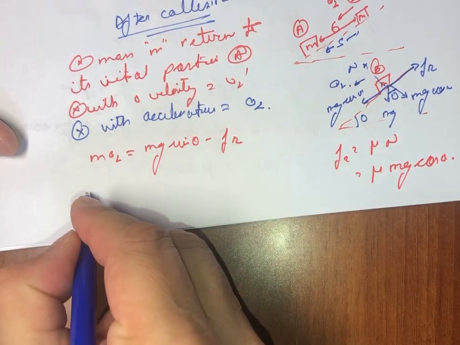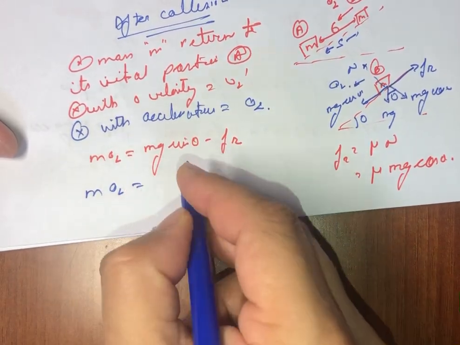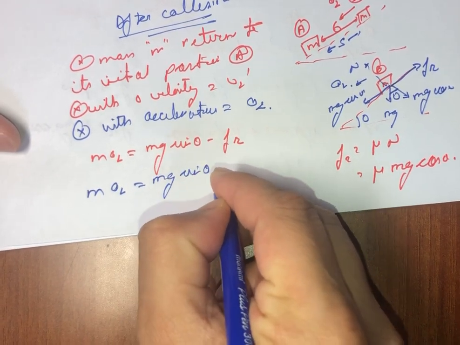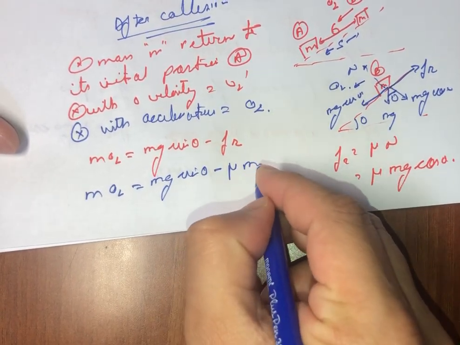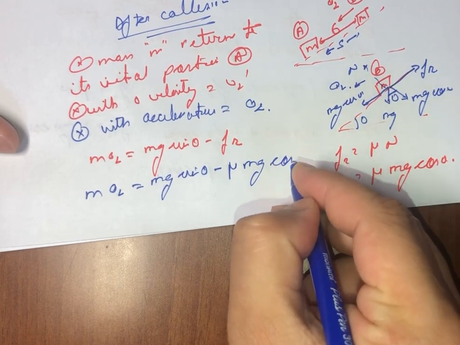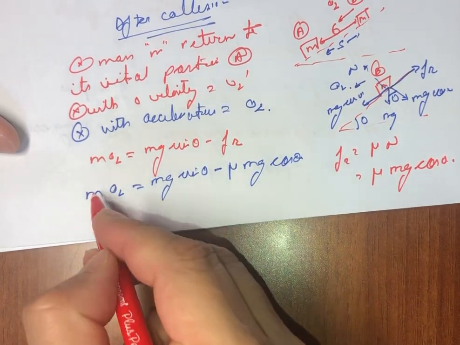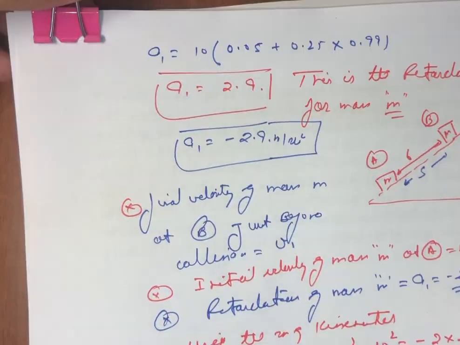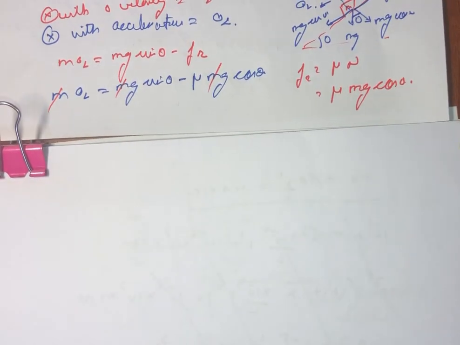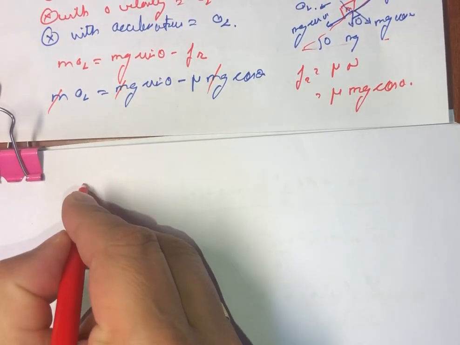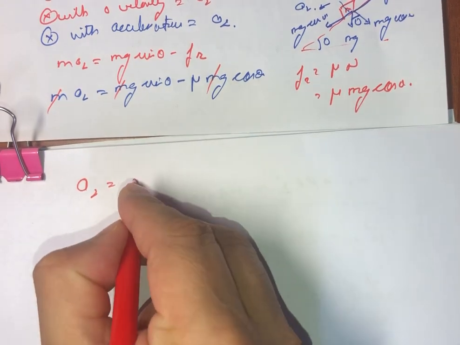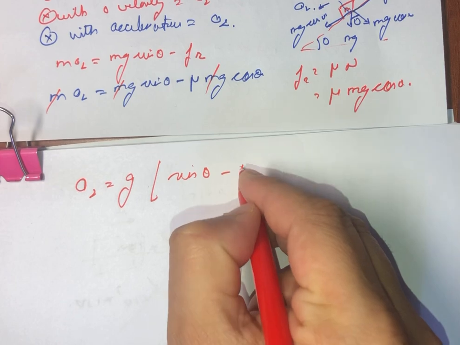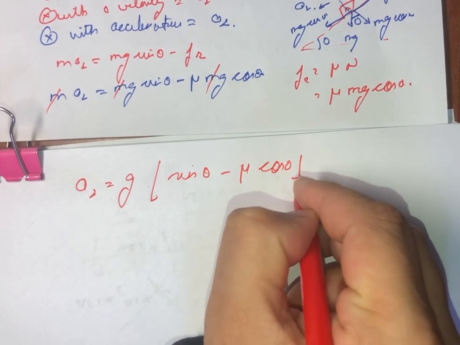We substitute here, we get m a2 is equal to mg sine theta minus mu mg cos theta. m cancels out throughout, therefore we get the acceleration a2 is equal to g into sine theta minus mu cos theta.